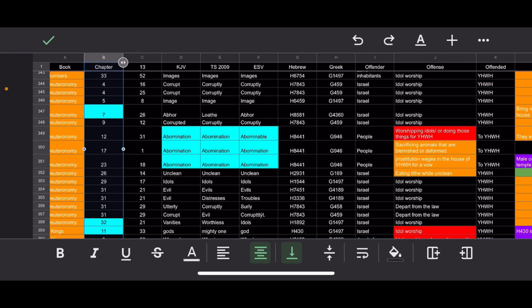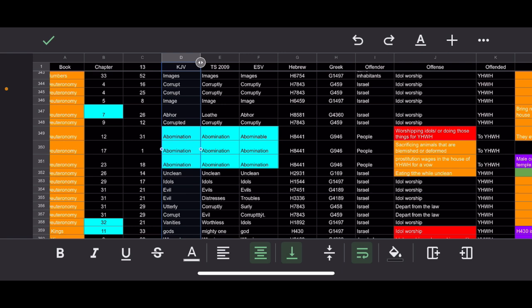If it is highlighted blue in the chapter, it means that in that same chapter, there is a discussion in there about it being an abomination in some way. Something connected in that chapter, there are abominations there. Whereas if the word itself is highlighted blue, then obviously it is an abomination.